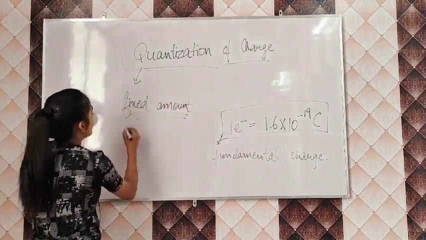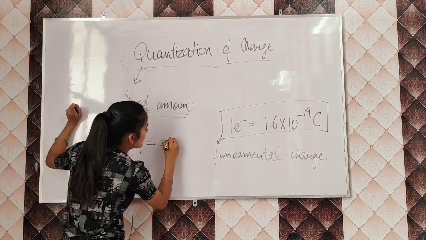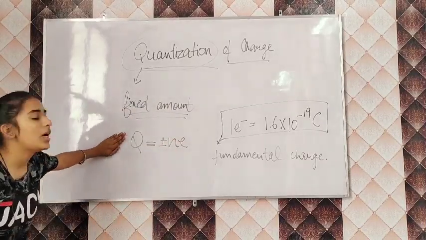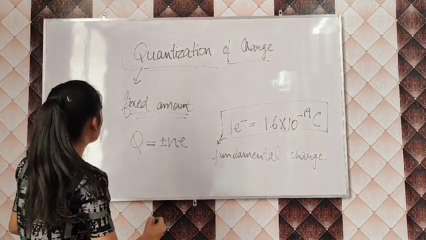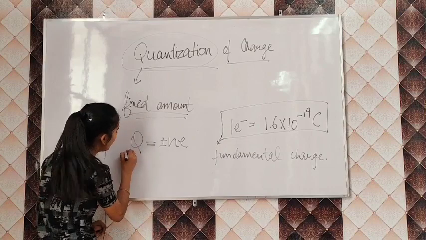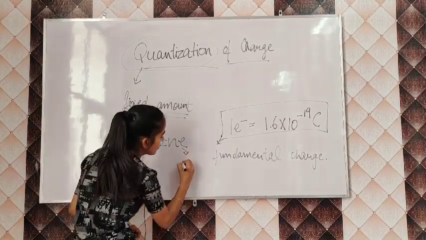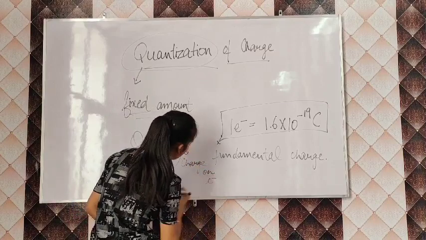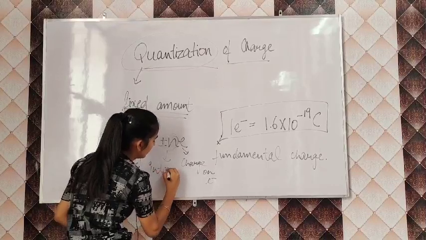Here we have one equation: Q is equal to plus minus ne. This is what quantization of charge states. Here e is the charge on an electron, and n is an integral multiple.